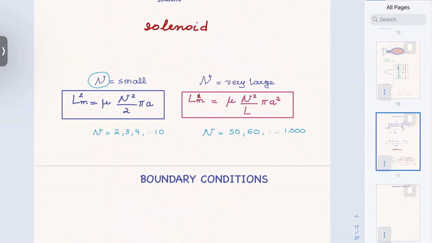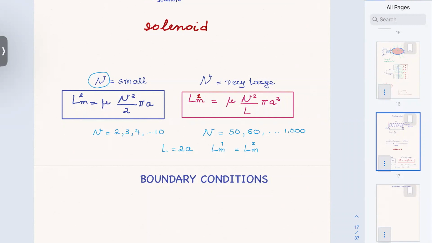Now, these two expressions are only equal when L equals 2A. So when L becomes 2A, then LM1 and LM2 become the same.